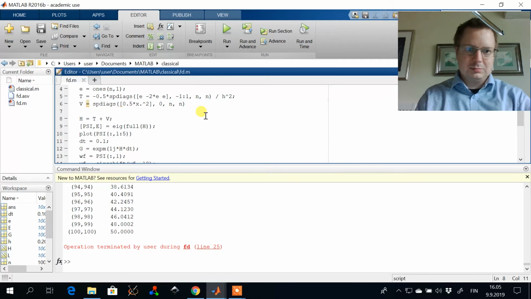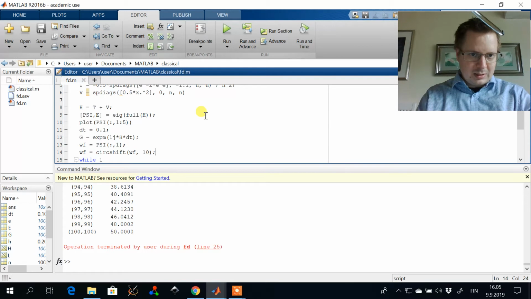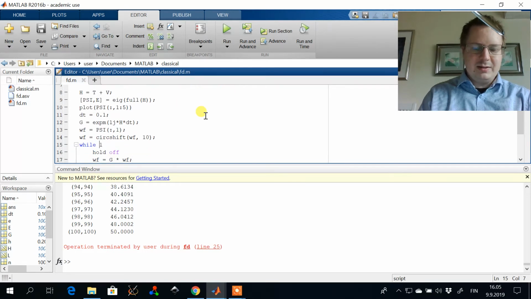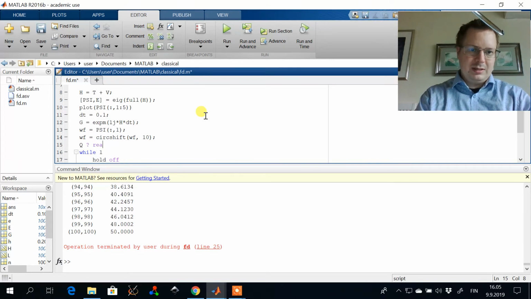So here I have the VF function, and then I will say Q equals real VF and P equals imaginary VF.